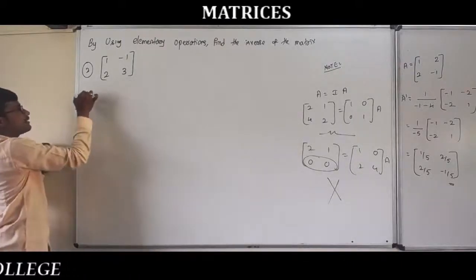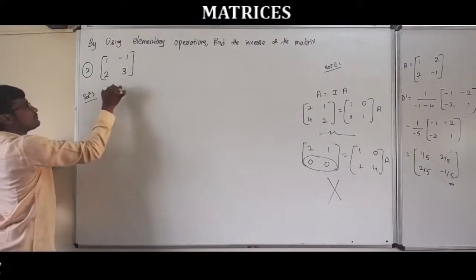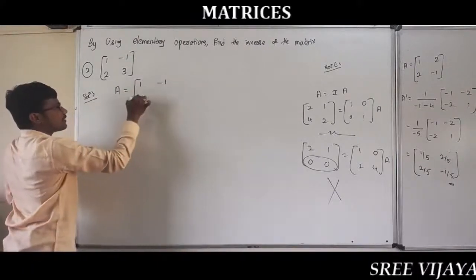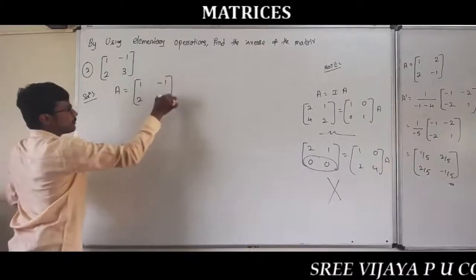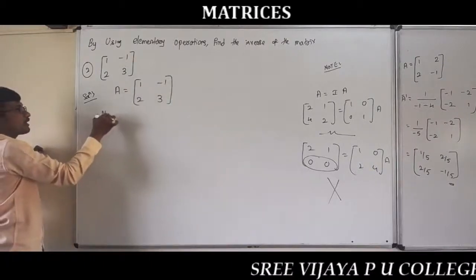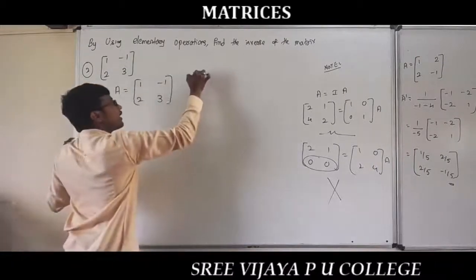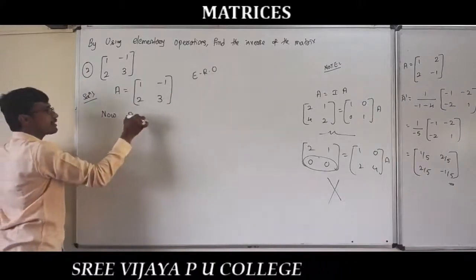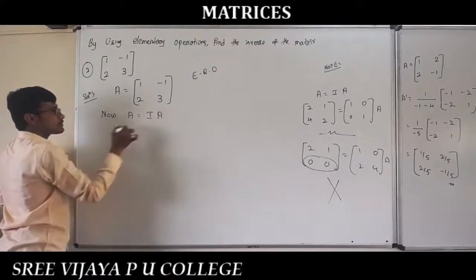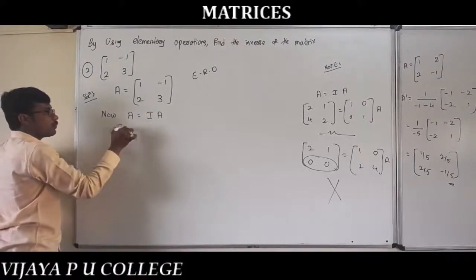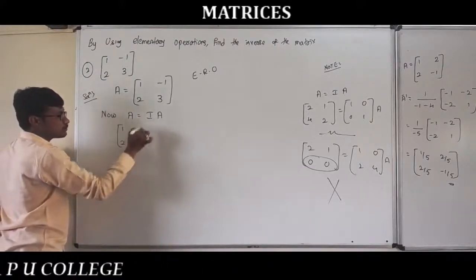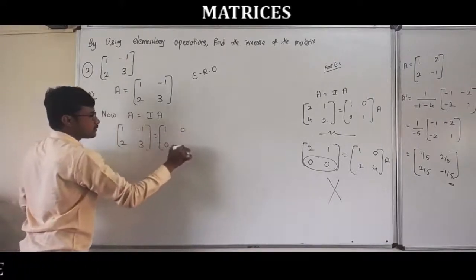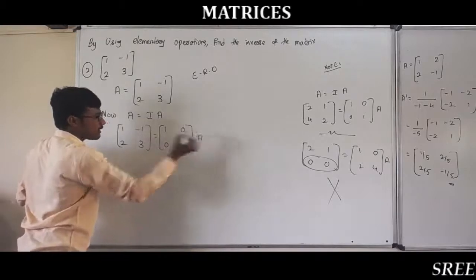Now we can do the next problem. Let us take the solution of this problem. A is equal to 1, minus 1, 2, 3. You are applying elementary row operations, so you take the condition A equals IA. A is 1, minus 1, 2, 3, equals I, which is 1, 0, 0, 1, the identity matrix, into A as it is.